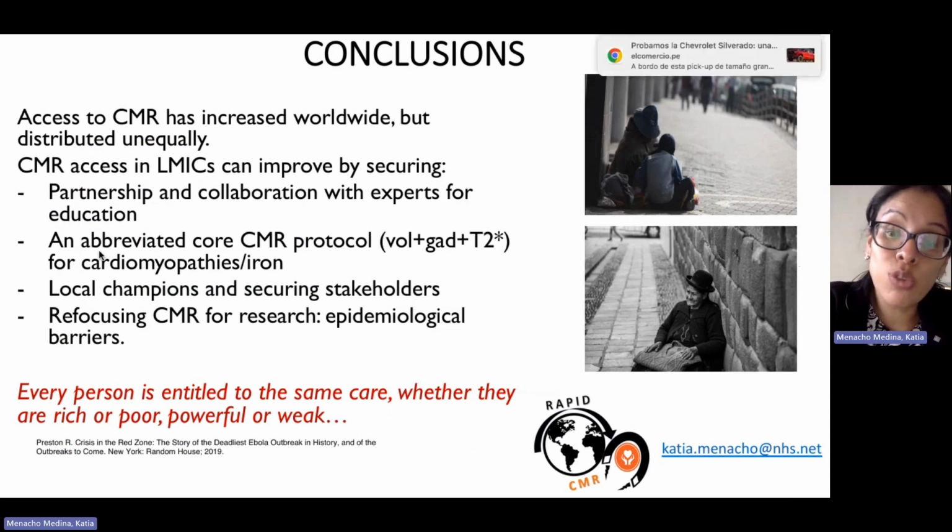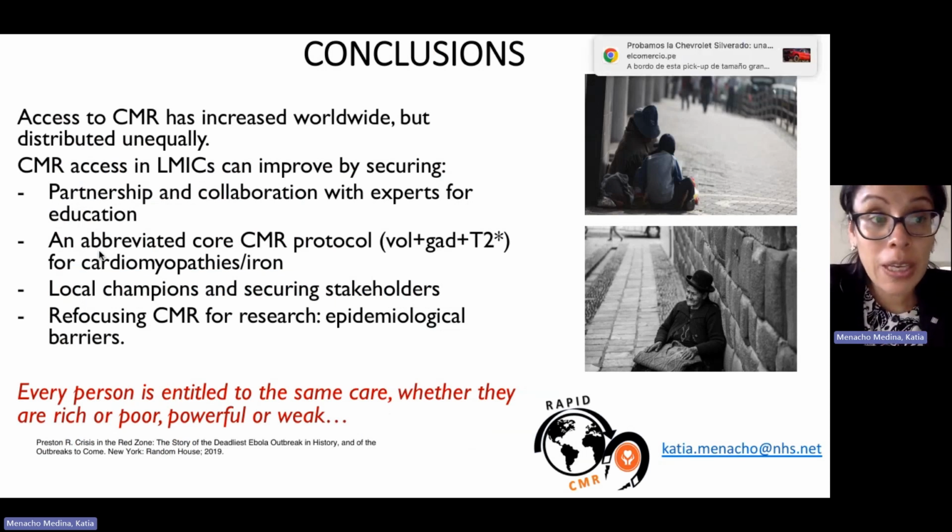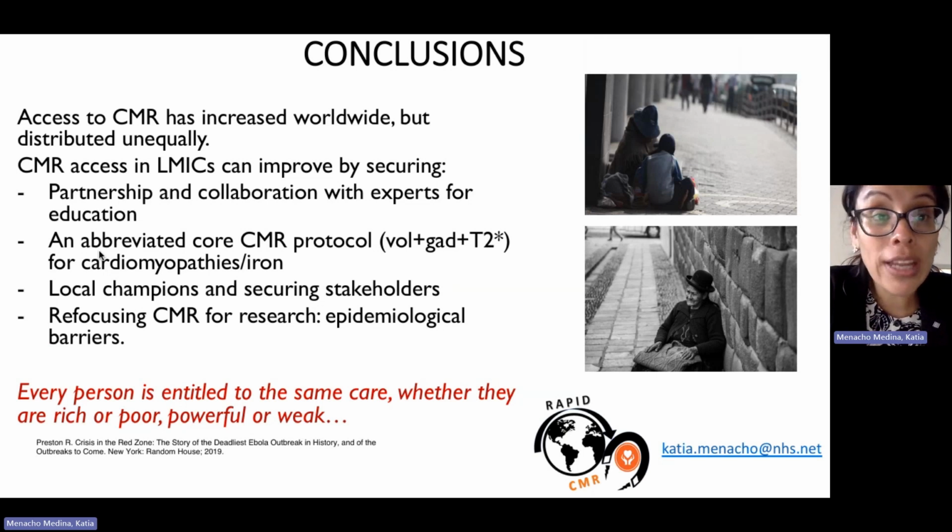And my final conclusions for this first presentation are that the access of CMR is increasing worldwide, but it still has an unequal distribution. As you saw in this presentation, we can improve the access of CMR in low-middle income countries by securing a partnership and collaboration with experts that can help support on the education, such as we are doing in this presentation today.